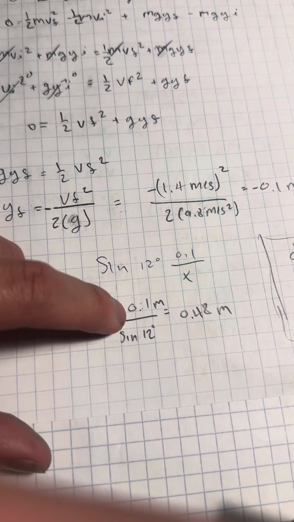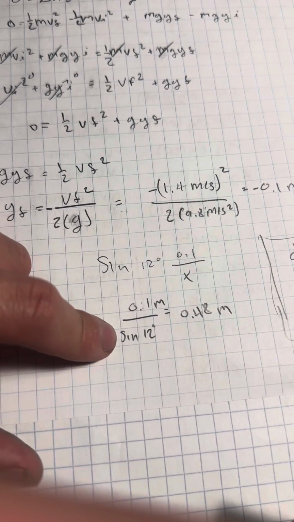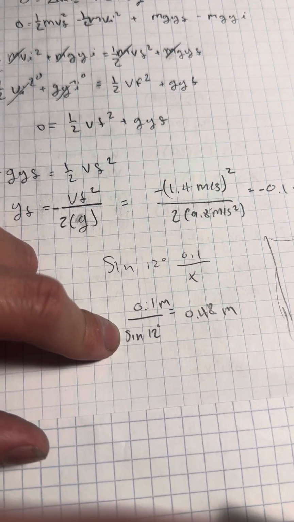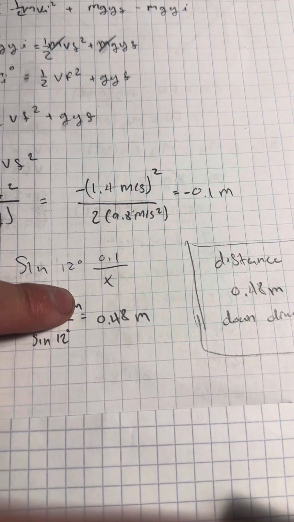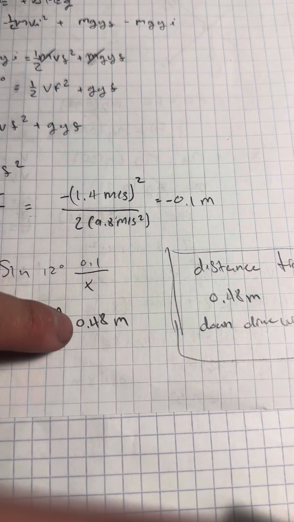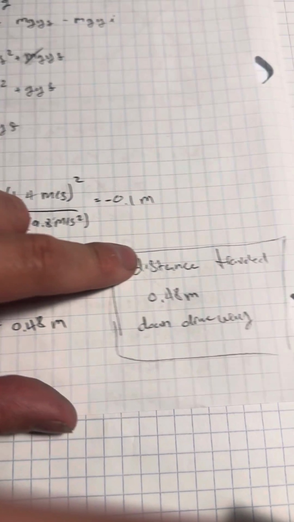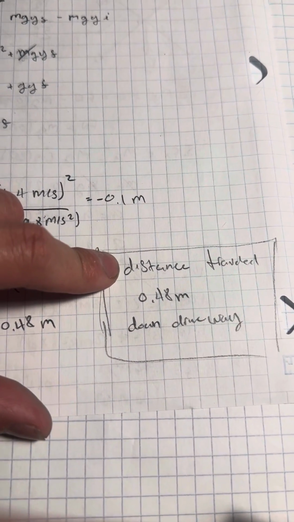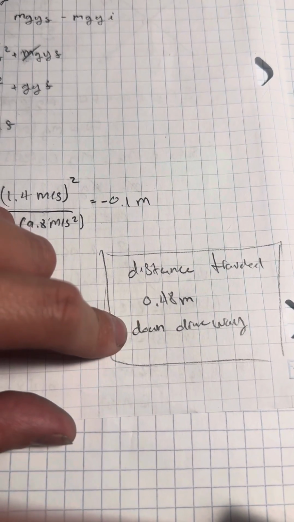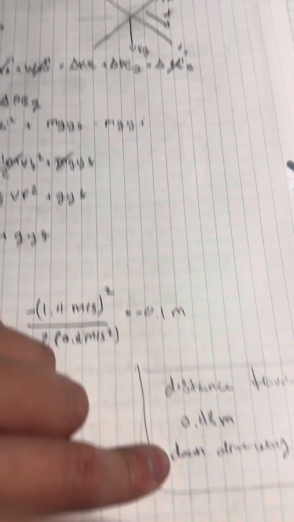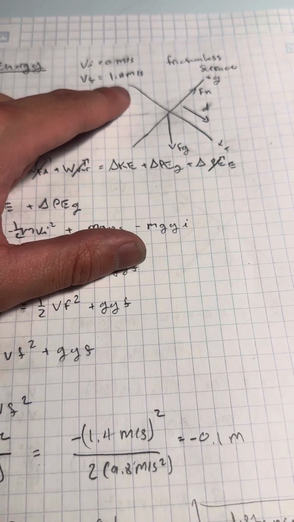We get 0.1 meters over sine of 12 degrees, and that is equal to 0.48 meters. And so this distance is 0.48 meters down the incline when the final velocity is 1.4 meters per second.